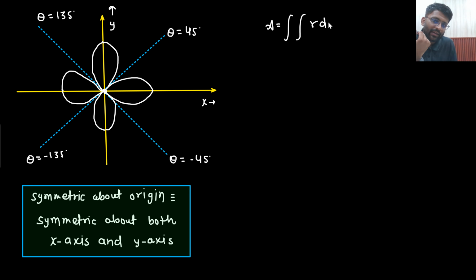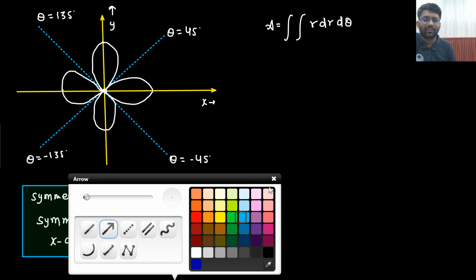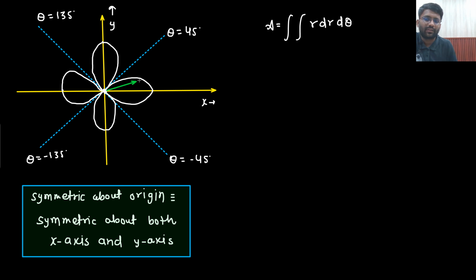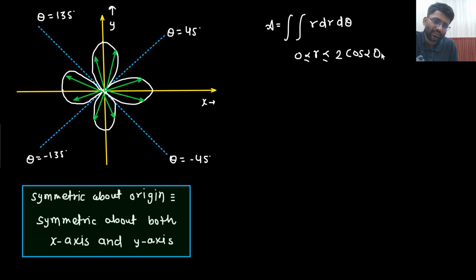So that would be r dr d theta. From where to where is r going? R is the radial distance from the origin. It goes from 0 till the end of this structure.